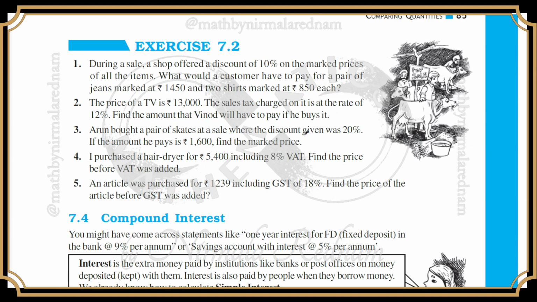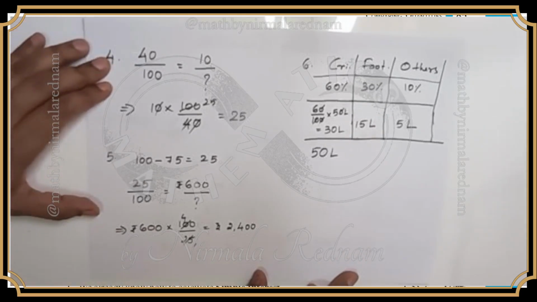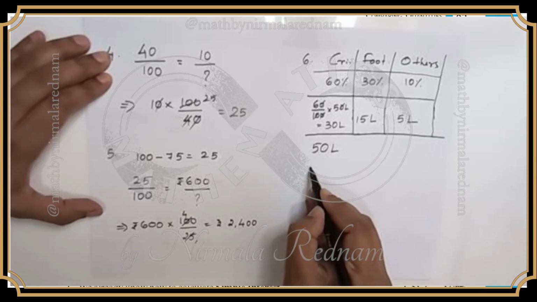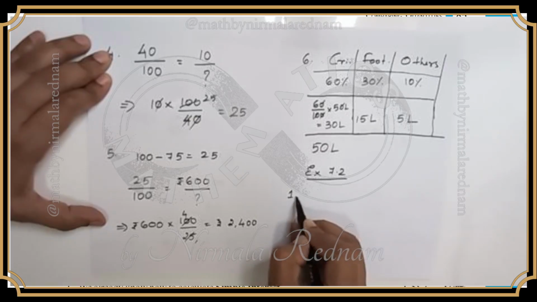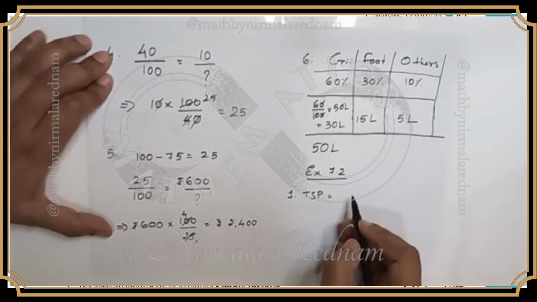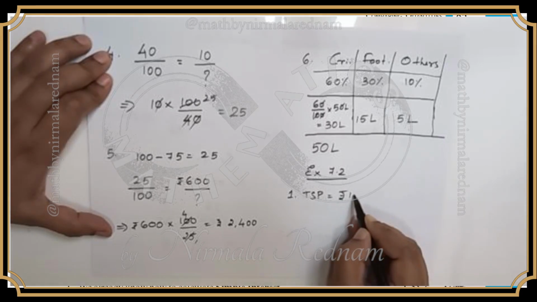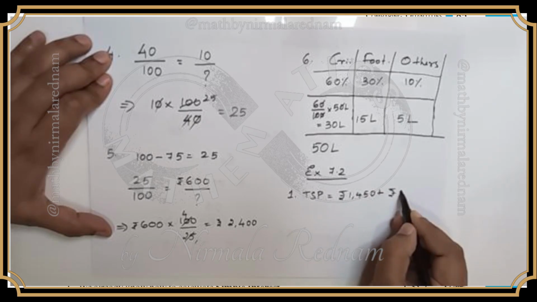Like I said, in order to avoid one step, we will simply find 90% instead of finding the discount amount and then subtracting it from your marked price. Simply take 90%. So now the question is 90% of what? I'm going to take the total, which is the sum of 1450 and two 850s.